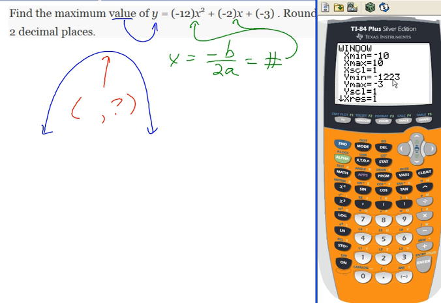What I might do here, instead of leaving Y maximum at 10, why not push that up a little bit so I can see a little bit of headroom on the top so it's not smashed up against the top of the window? Because if I don't, look what will happen. I've got this thing stuck up here. When I want to try to find that maximum and I want to do something with the calculator, like find a maximum, see, it obscures it.